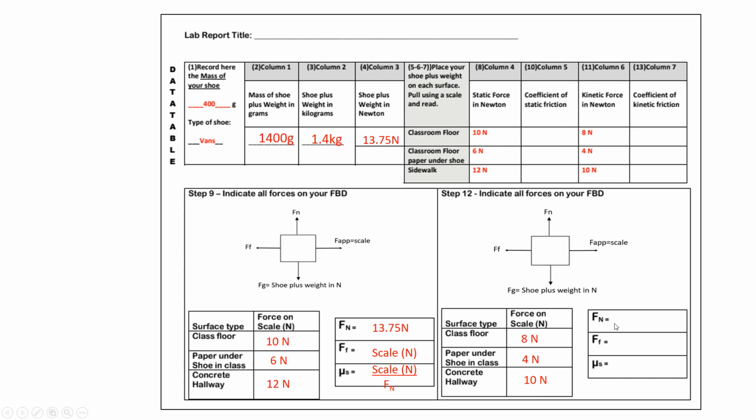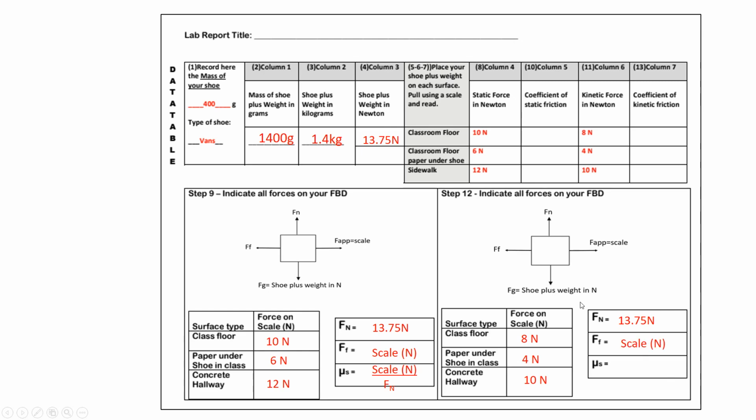And likewise, this table is similar to this because you did not change the weight of the shoe. You did not change the mass. You did not change gravity. So the Fn and Fg are in equilibrium, and that's the value, 13.75, identical to this.